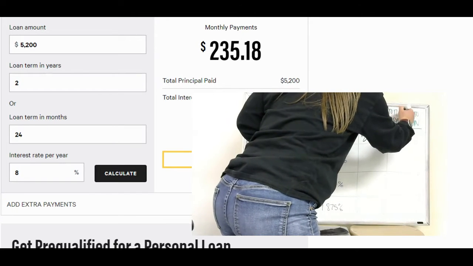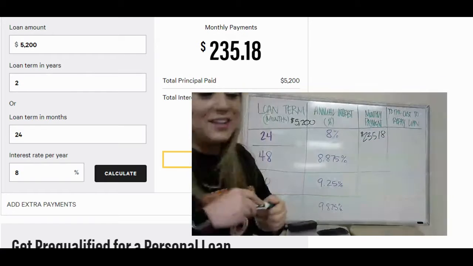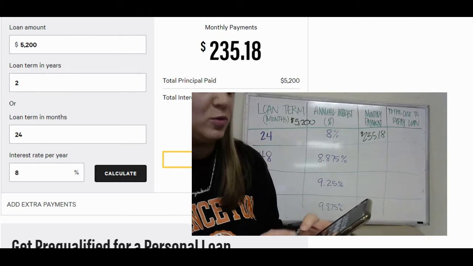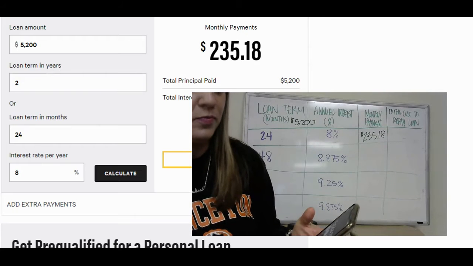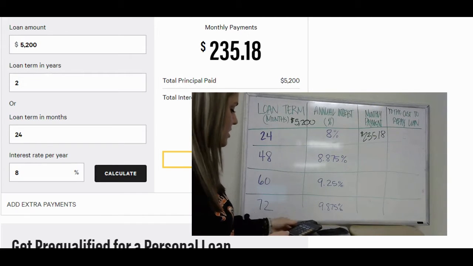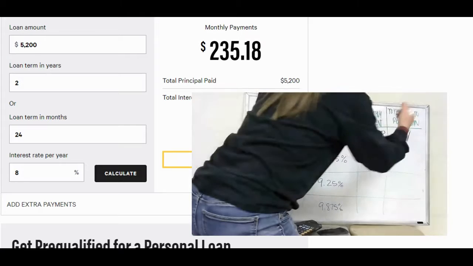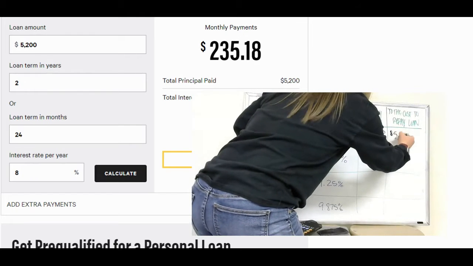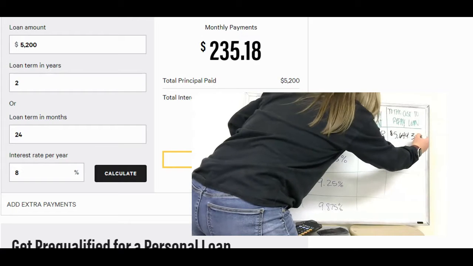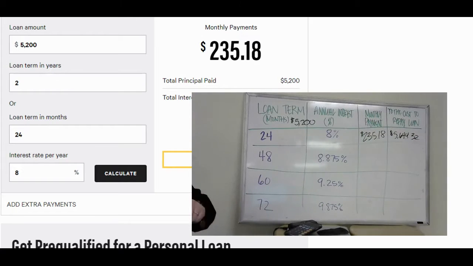Okay, now if I took that $2,822.16 and multiplied that by 2, I would get $5,644.32. Okay, so this is really easy.